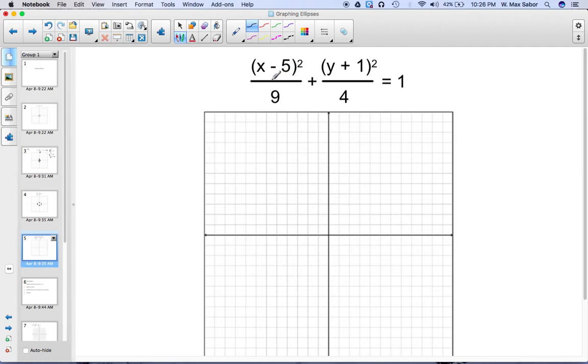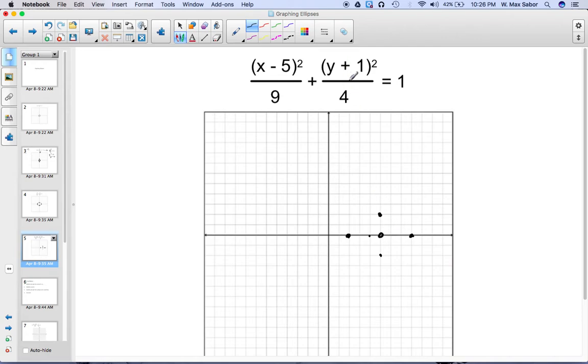And now if we take that graph and then shift it up, down, left, right, well, this shifts it right 5. So we go 1, 2, 3, 4, 5. Here's the center of that. And we're still saying we're going 3 left, 3 right from there, 2 up, 2 down from there.